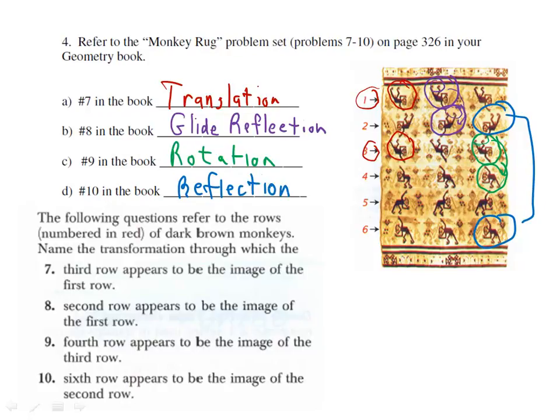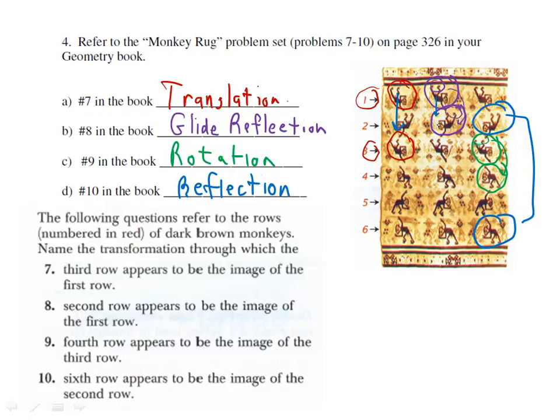All right, that is the monkey rug problem. So try to cue in some details and think about what made this a translation. Just slid down like that. The glide reflection, you can see that maybe a translation occurred here.